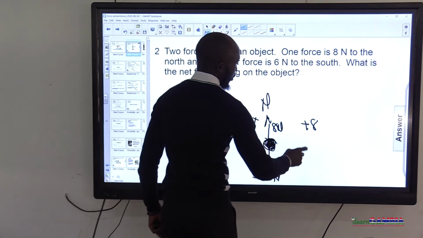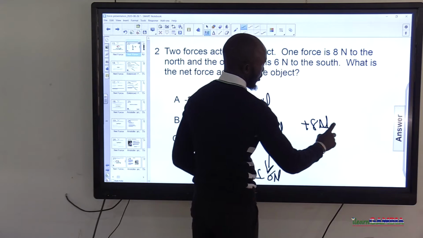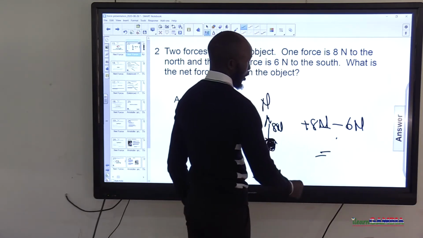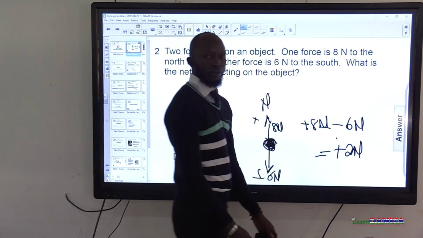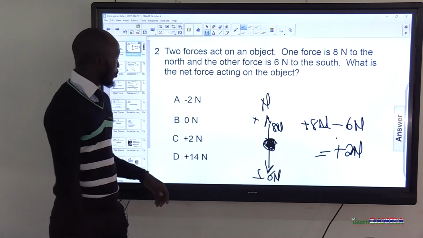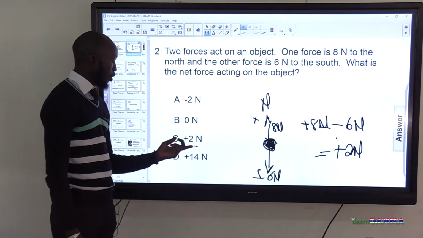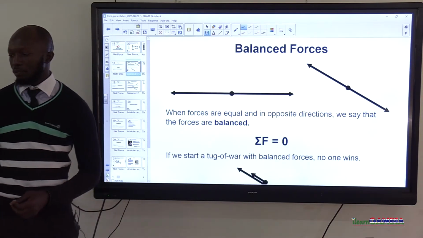Plus 8 Newtons minus 6 Newtons, because south is negative. What do you get eventually? You get plus 2 Newtons. Do we have plus 2? Yes, plus 2. So option C would have been the right answer for this particular question, right?